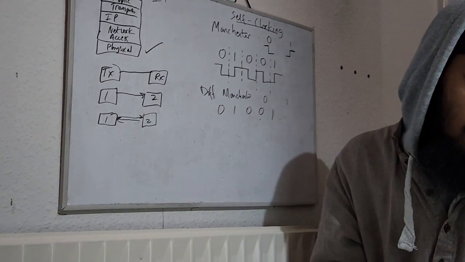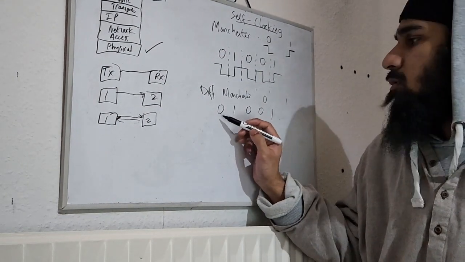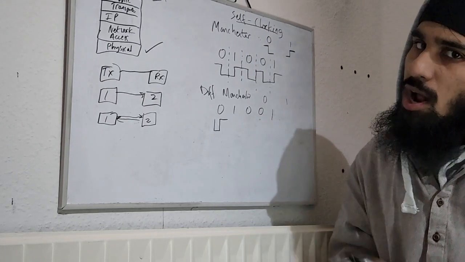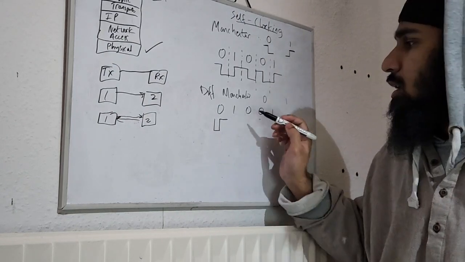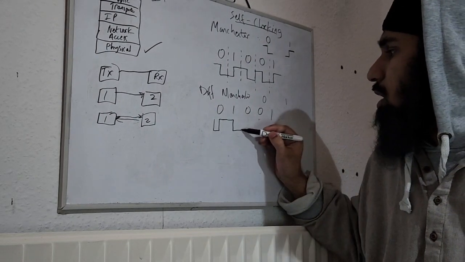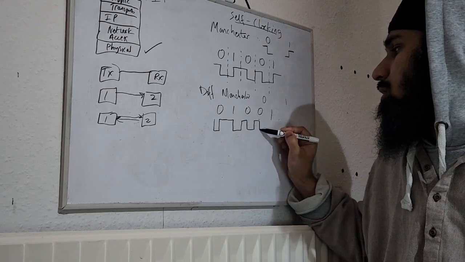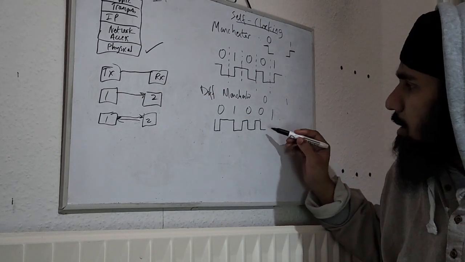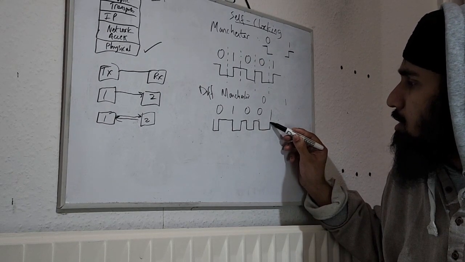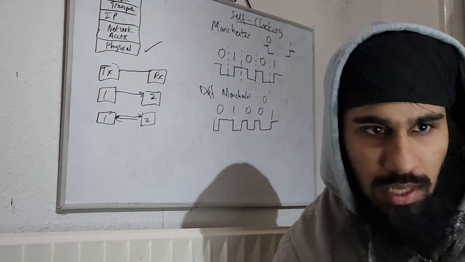If you're sending a 0, it's going to go down in the middle, it's going to go up, and for a 1 it's going to continue, and then it's going to go down. For 0 it always goes up and then down, and then again up and then down. But for a 1, because it was first low, it's going to carry on being a low, and then it'll swap.